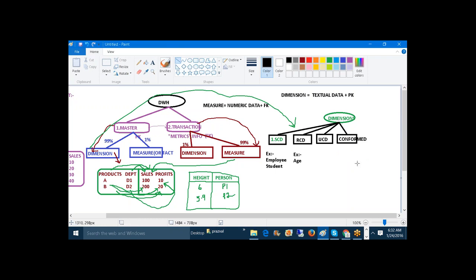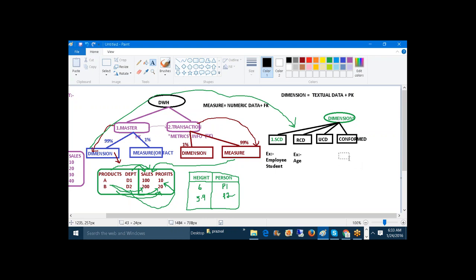So what is conformed dimension? If one dimension is commonly shared between the multiple business segments, then such a kind of dimension is known as conformed dimension. So let me explain with an example.